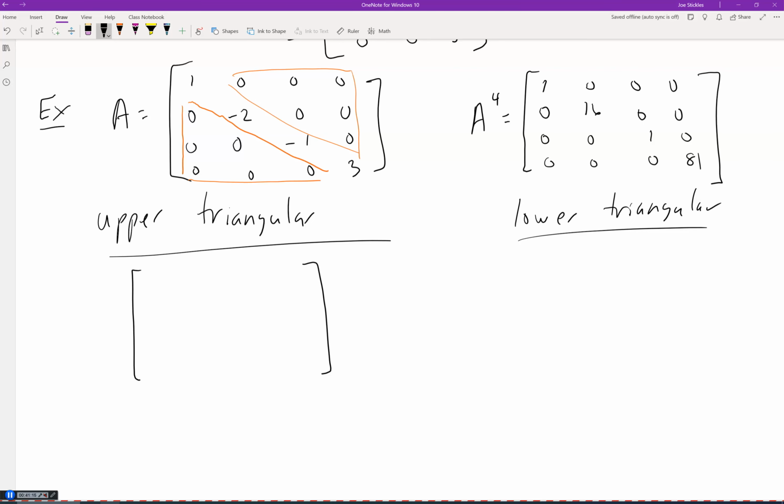That's upper triangular. Okay? So an example of something that might look like that would be 3, 0, 2, 5, 0, 7, 1, 2, 0, 0, 0, 6, 0, 0, 0, 14, say.